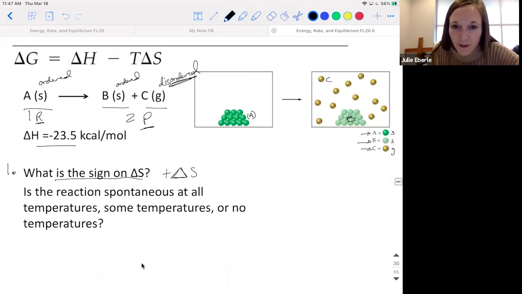Okay, here's one of our favorite kinds of questions. Is the reaction spontaneous at all temperatures, some temperatures, or no temperatures? Haley in the chat says all. Kamaya says all. Kishan says all. How are we figuring this out?